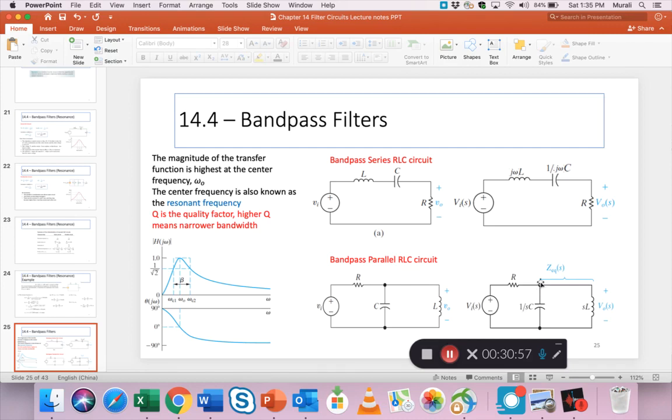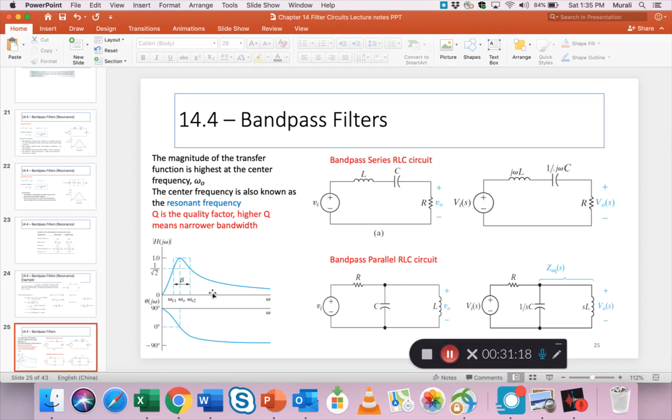So remember the configurations or connections, and what is the output and what is the input. And he clearly makes the point that together this has one impedance, Z equivalent, which is not the same as the R. The R is by itself. So these two together make an impedance, and the voltage is taken across that impedance.